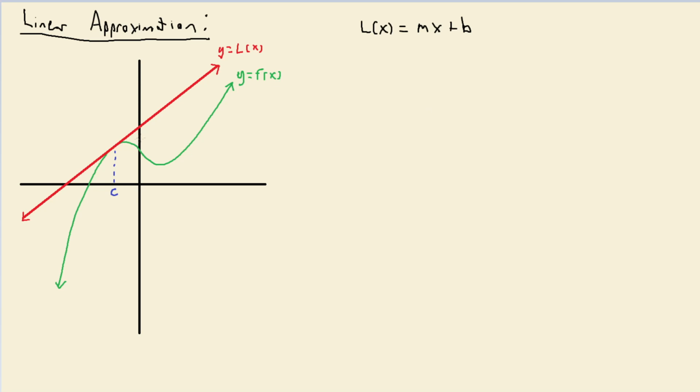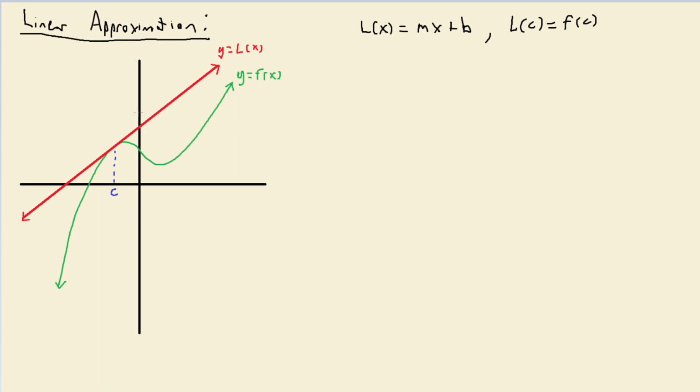One thing that we know is that if this is the line tangent to the function at the point c, x equals c, then we know that by definition it's going to intersect this function only once, and that's going to be at the point f of c. And so what that means is that L of c, the function evaluated at the point c for the tangent line and for the function, are going to be equal. So L of c is going to equal f of c.